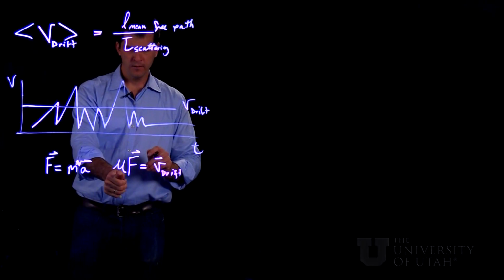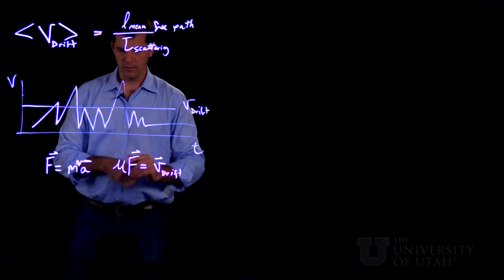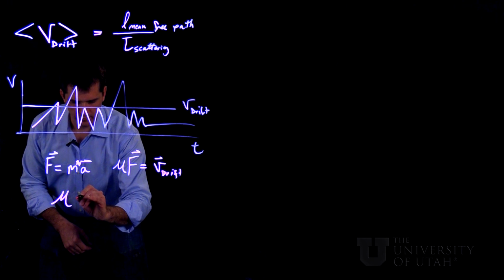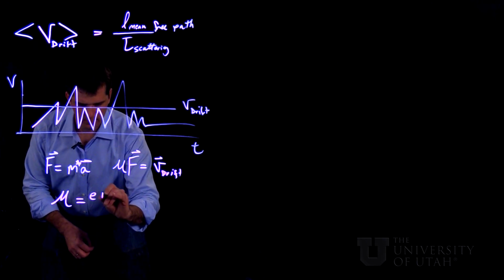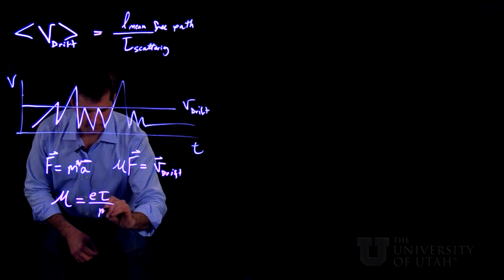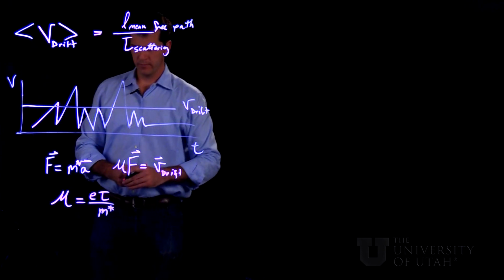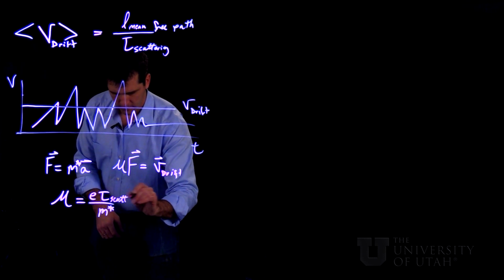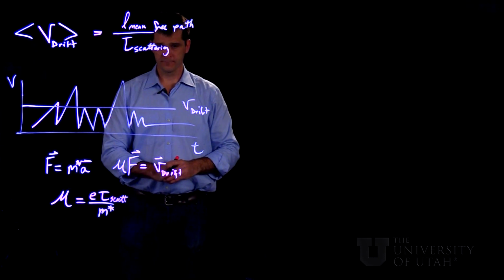We can then go back and figure out what our mu has to be. So our mu, to make this equation work out, has to be e times tau scattering over m star.